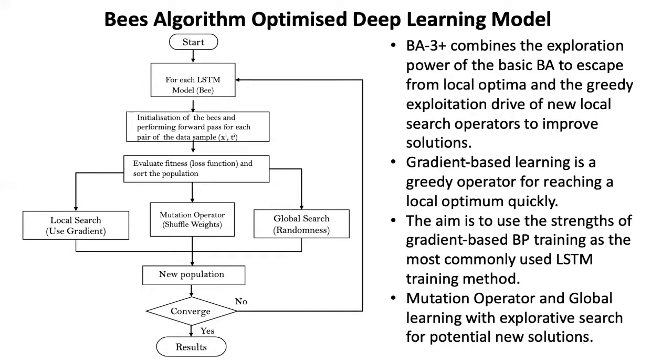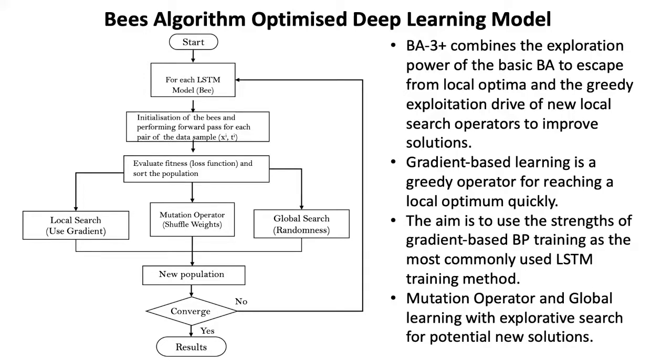In this proposed model, we use only three scout bats that combine the exploration power of the BA algorithm to escape local optima and the gradient exploitation drive of new local search operators to improve the solutions.